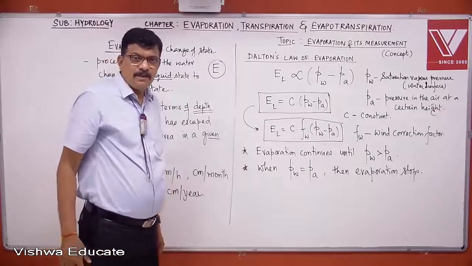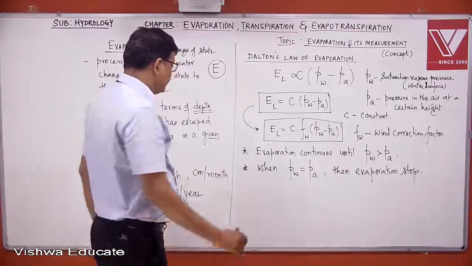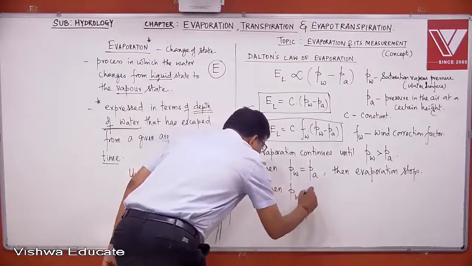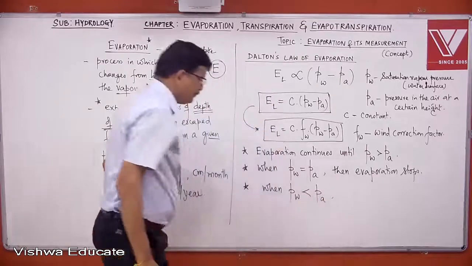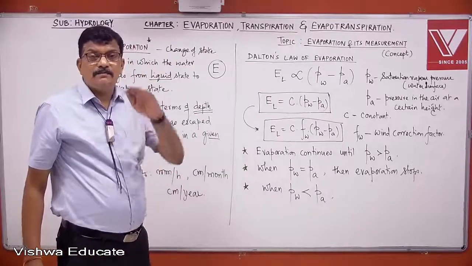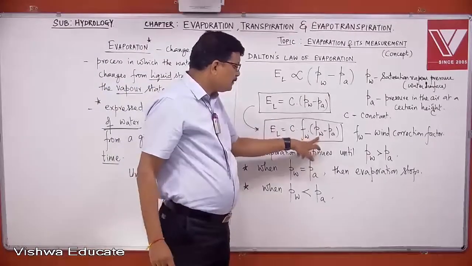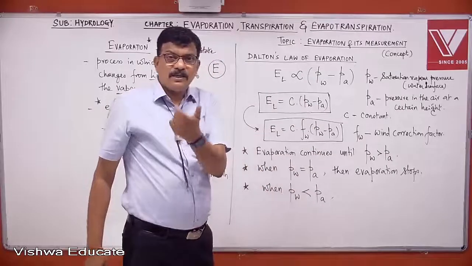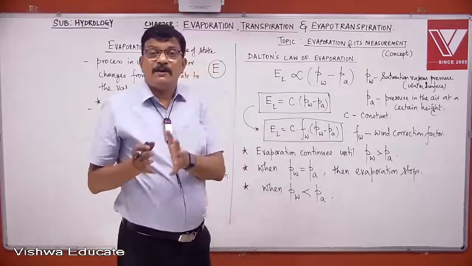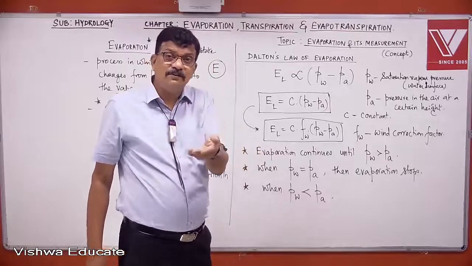This is obvious from the formula. Now the interesting element of this formula is what happens when Pw is less than Pa. When the pressure at the water surface level drops below the pressure in the air above, what will happen? If you see the mathematics here, this value in the bracket would come as negative. And what does negative evaporation indicate? Negative evaporation means the reverse process of evaporation.